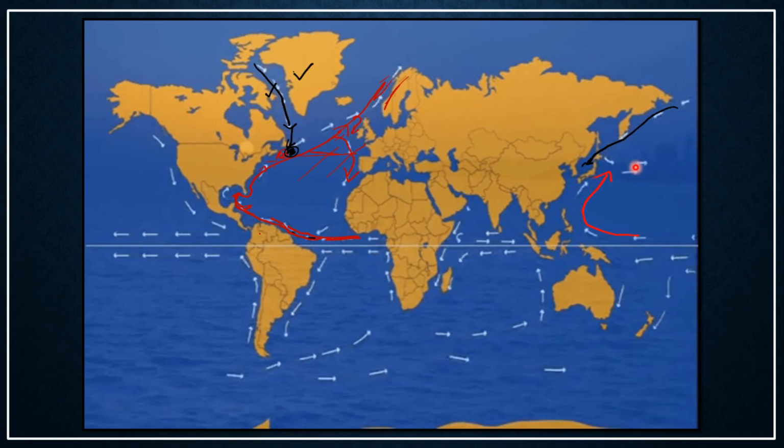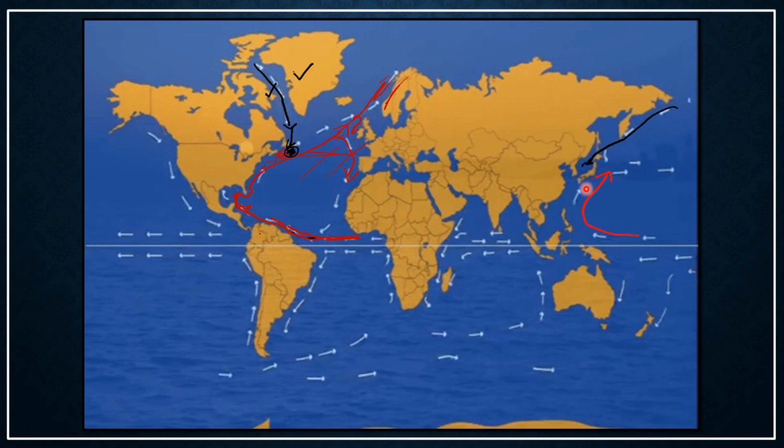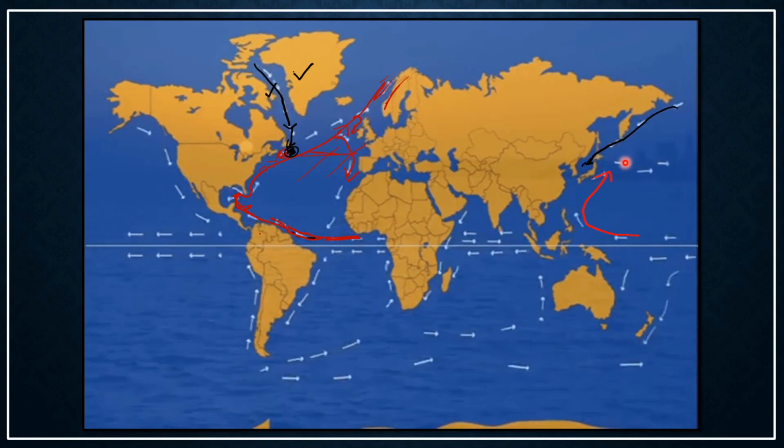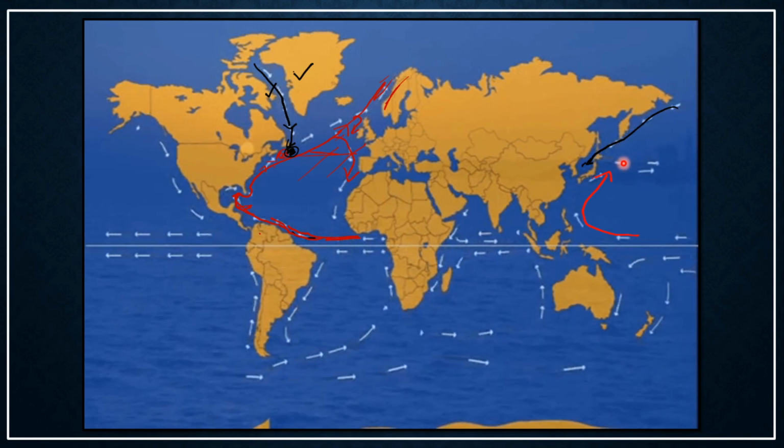Now, the warm Kuroshio is a very important current in the Pacific region. The Kuroshio current develops partly due to the Coriolis force, due to the gyration of the Earth. It moves at an average speed of about 30 kilometers per day, and its average temperature is about 20 degrees centigrade.